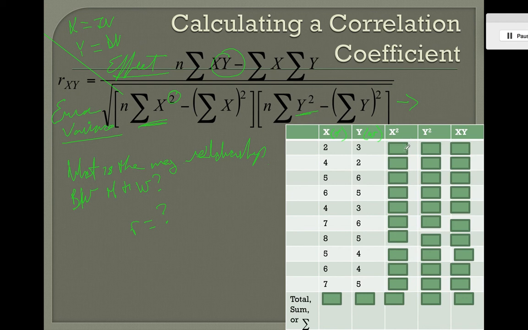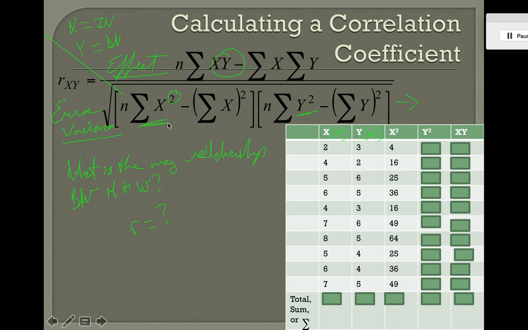So I'm going to square each one of my x values and then square my y values. In our case, 2 becomes 4, 4 becomes 16, 5 becomes 25, 6 becomes 36, 4 becomes 16, 7 becomes 49, 8 becomes 64, 5 becomes 25, 6 becomes 36, and last 7 becomes 49.